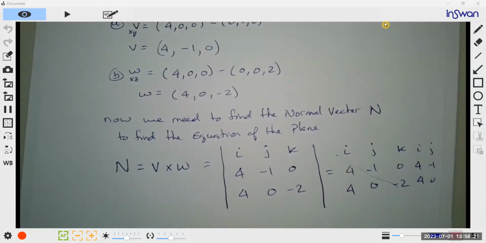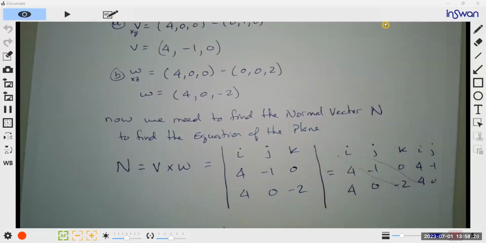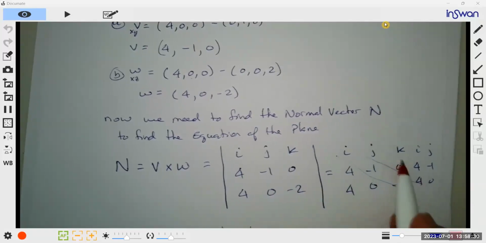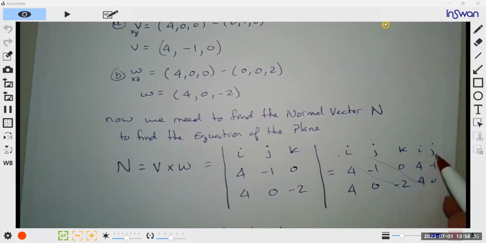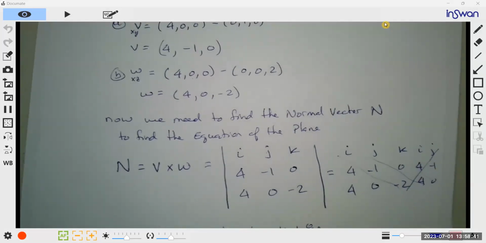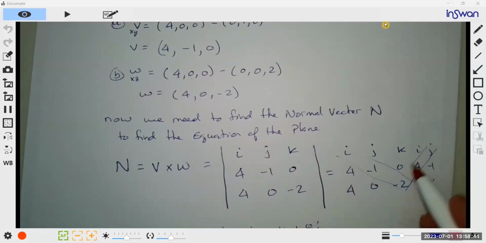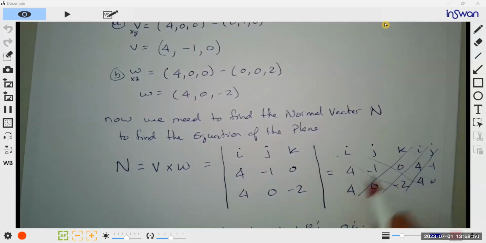So negative is positive. 2 times 1 is 2i. 4 times 0 is 0, j. 4 times 0 is 0, k. Now minus this. Negative 2 times 4 is negative 8, so it's positive 8j, minus 0i, minus negative 4, which is plus 4k.